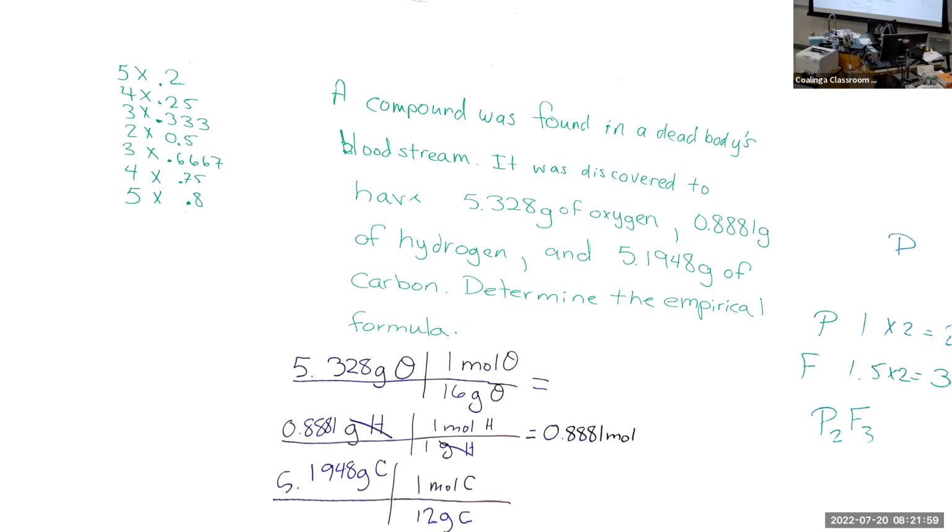And then you would divide the 5.328 by 16, so it's 0.333. Oxygen, hydrogen, then carbon. So it's gonna be 0.88 divided by 1, so 0.88. And carbon, 0.179.